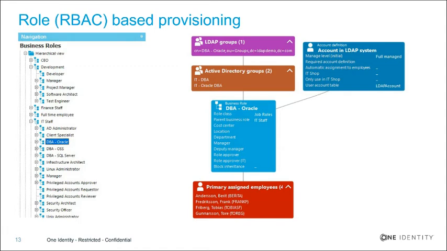So ongoing, from an administration standpoint, all you need to be concerned about is that whenever I have organizational changes, I make the necessary changes at the role level, and automatically whatever changes I have made to that role will be inherited by the end users that have been assigned those particular roles.